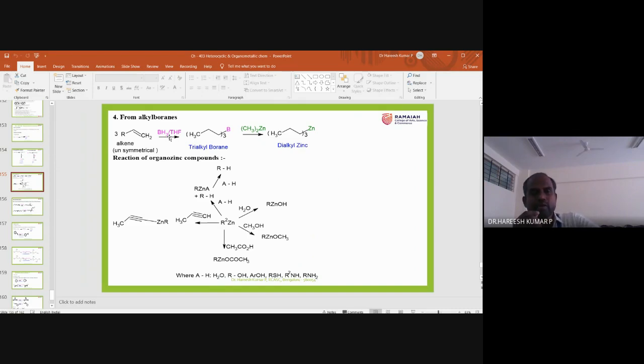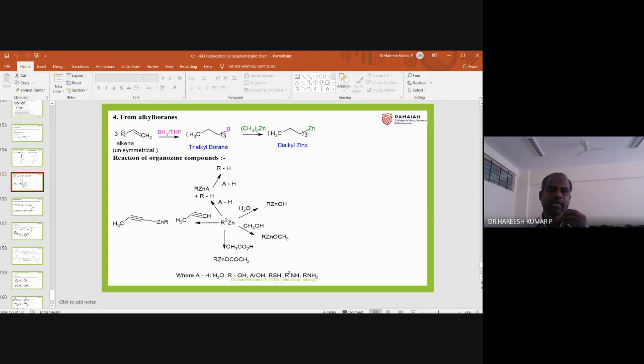So what will it do? It will add to the double bond. How will it add? For an unsymmetrical alkene, BH2 will add to the less substituted carbon. If it is symmetrical, there is no question, the product is the same.